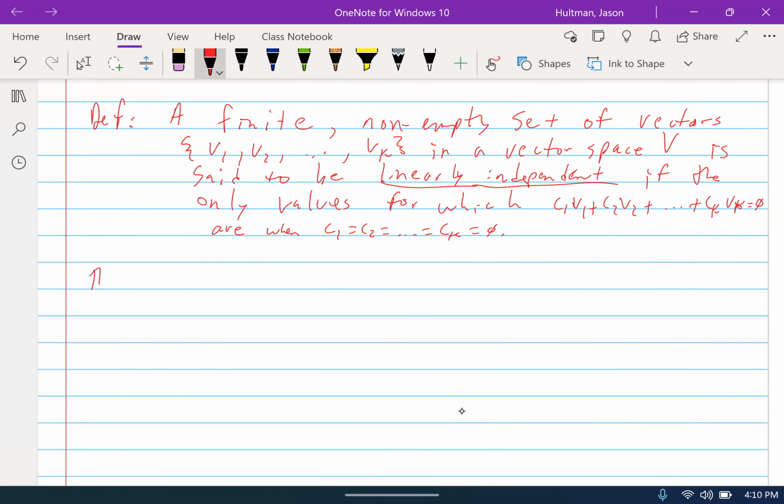Okay, theorem. Let A equal V1, V2, Vk, where each vector is in Rn.